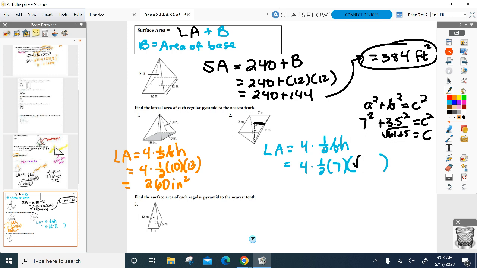So I'm just going to plug that in, the square root of 61.25. If you plug the decimal in, don't round it. Multiply everything else. What we got? 109.6 square meters.